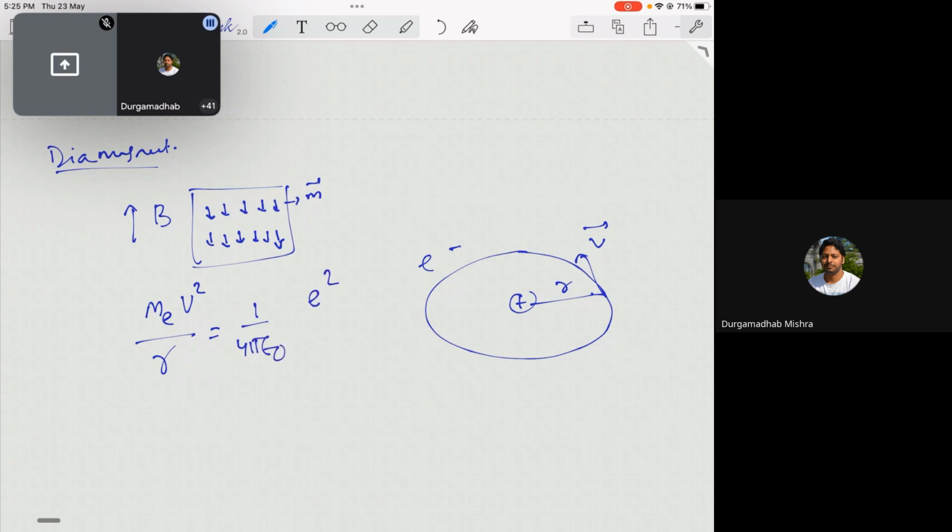Assuming this is hydrogen, Z will be equal to 1, so this is a proton with a positive charge and an electron with a negative charge. So this will be e square divided by 4 pi epsilon naught R square. This is the force, Q1 Q2 by R square. Okay.